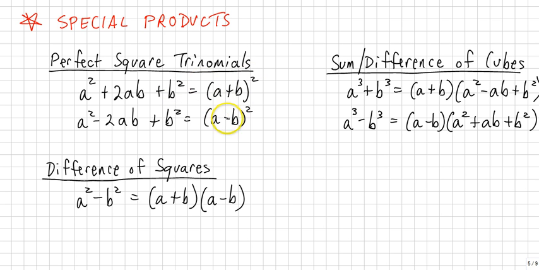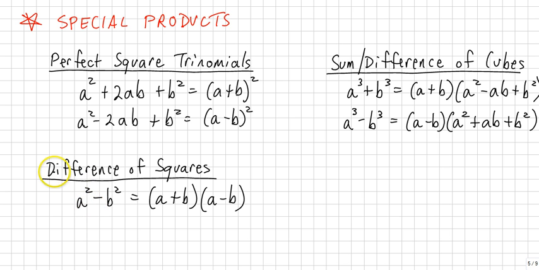Well, if it's a minus b squared, so the only difference is a minus, then the only thing that'll change over here is it'll be a squared minus double ab plus b squared. So we call those perfect square trinomials. Now, we're going to talk about factoring them though. So what we want to do is we want to recognize this so that we can factor it like this, because we want to write it as the product of two things. So we'll do some examples here in a sec.